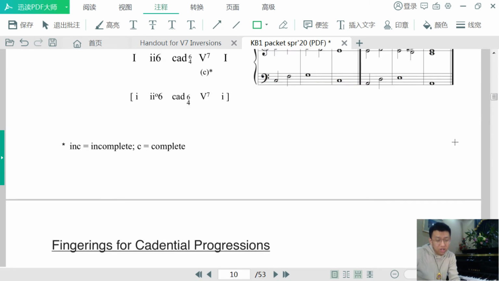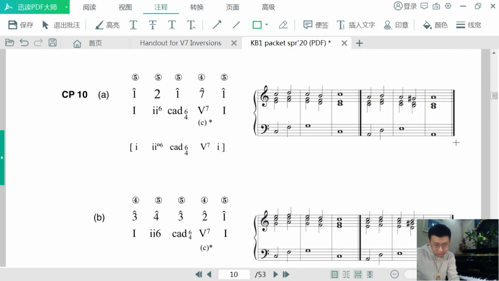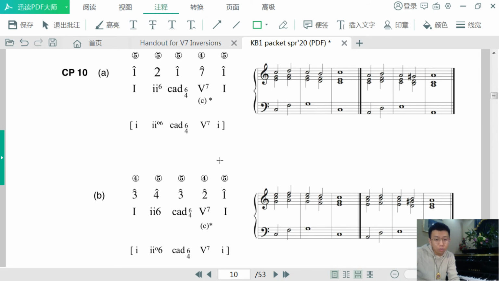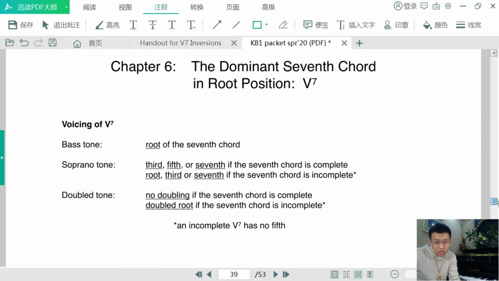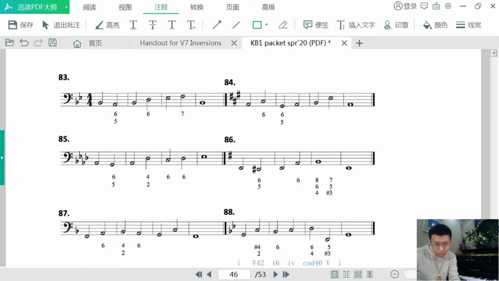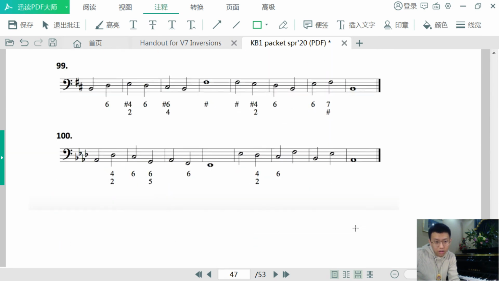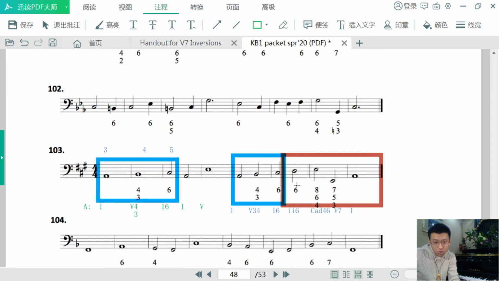If you look at cadential progression number 10, you will recognize this progression is constructed with 1, 2, 6, cadential 6, 4, 5, 7, 2, 1. But in this exercise with 103, you see that here is 1, 6, 2, 6, cadential 6, 4, 5, 7, 2, 1. That's, I think, the best possibility. Okay, let me play this progression for you.